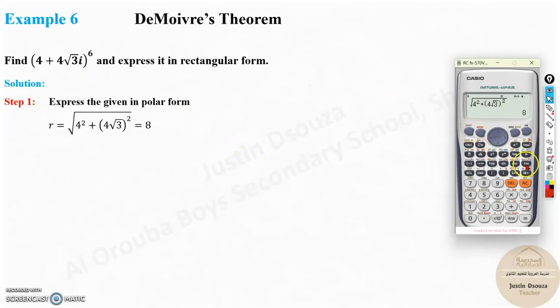Let's do it. Shift tan inverse b, that is 4 root 3, now divided by a value, that is 4. Now if a is positive, greater than 0, this is it. This is the formula. Is it done? Will I get the correct answer? I'll press equal to, you tell me.